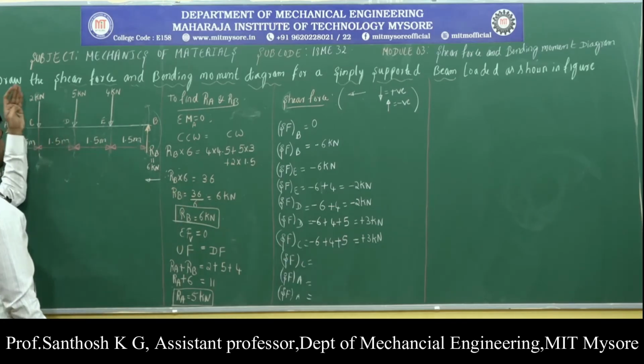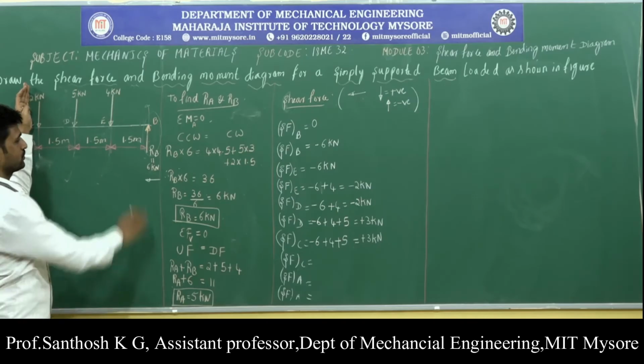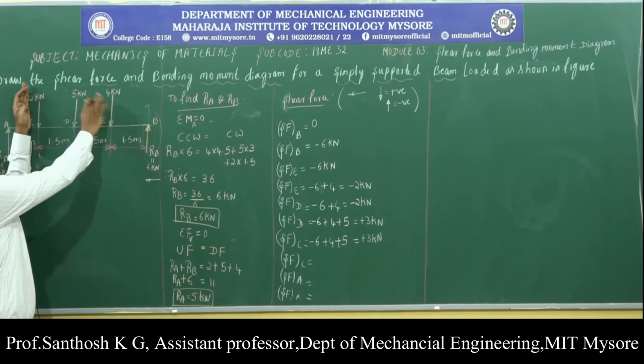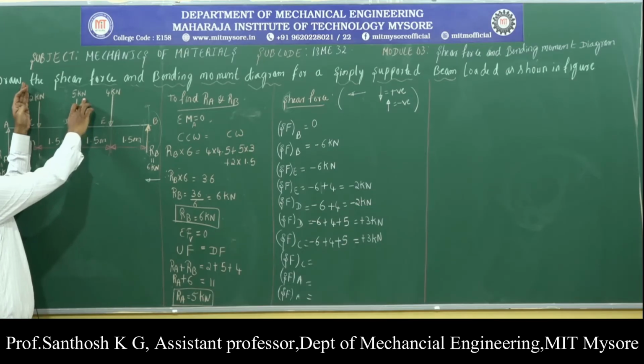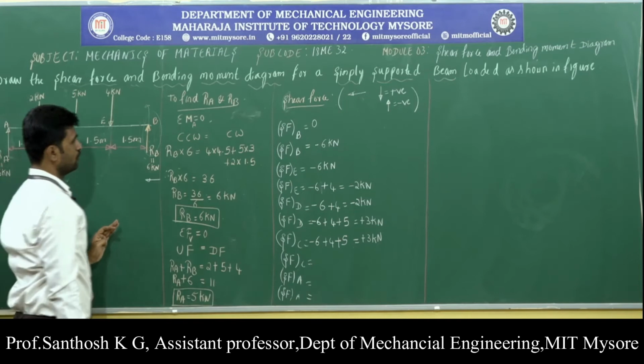Now if you calculate the shear force at C by considering the shear force at point C, then we are having 4 forces. One has a magnitude of 6, second has a magnitude of 4, the next has a magnitude of 5 and the last force has a magnitude of 2.